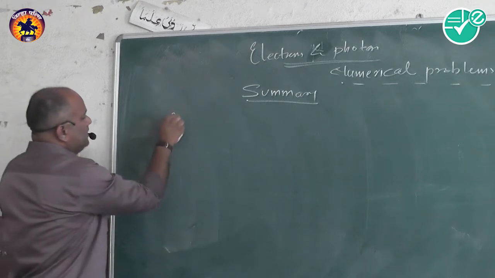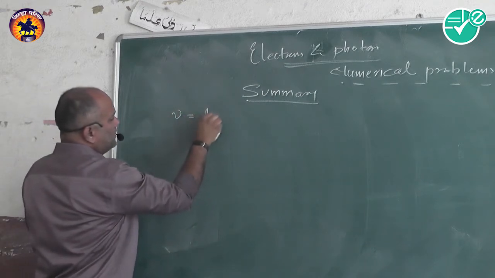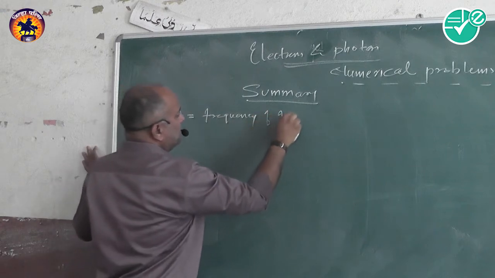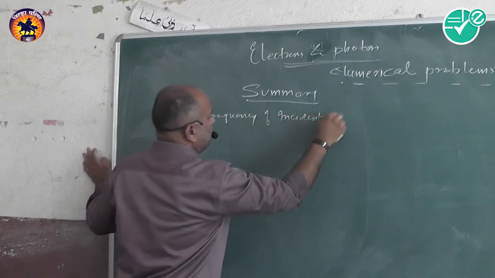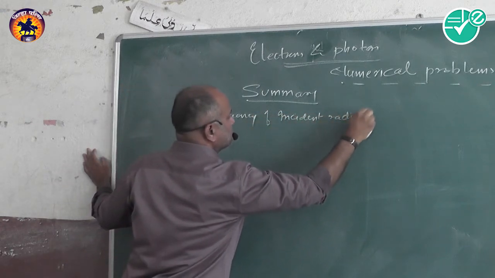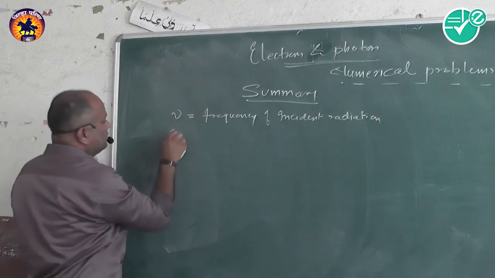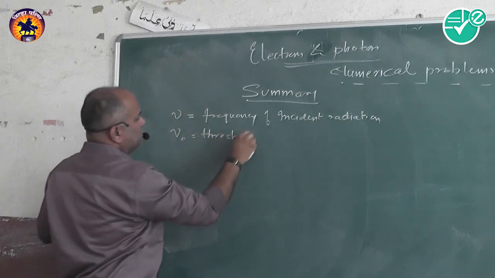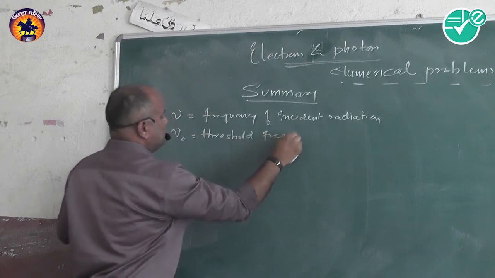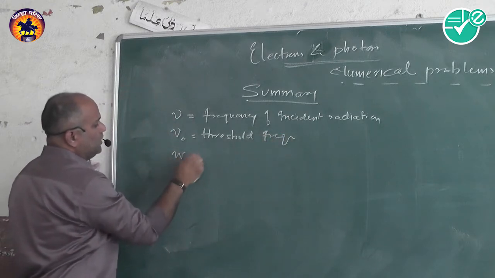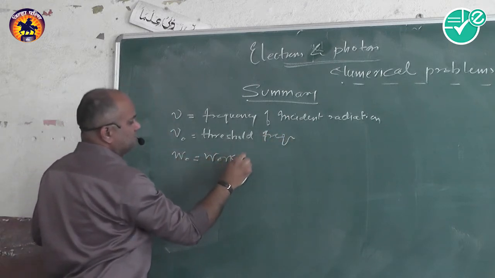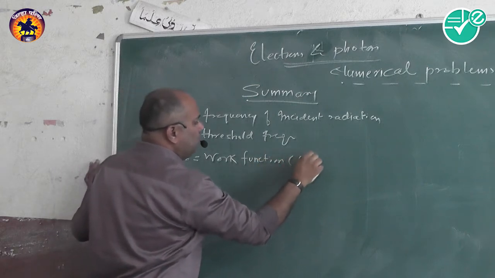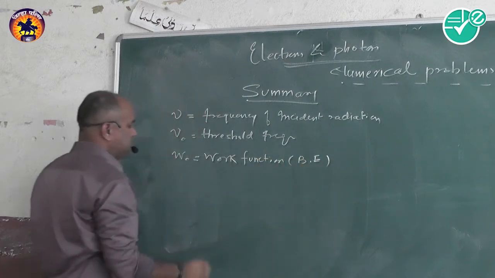So here nu is the symbol used for frequency of incident radiation. Nu 0 is equal to threshold frequency. W0 is equal to work function, or I am also writing here binding energy.